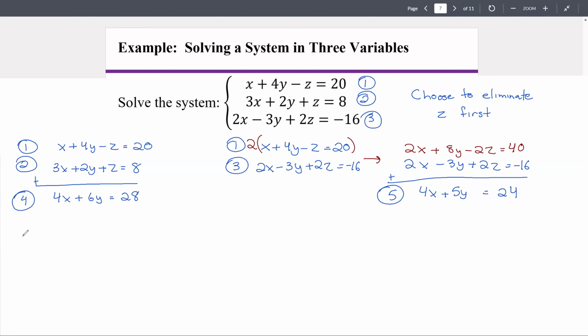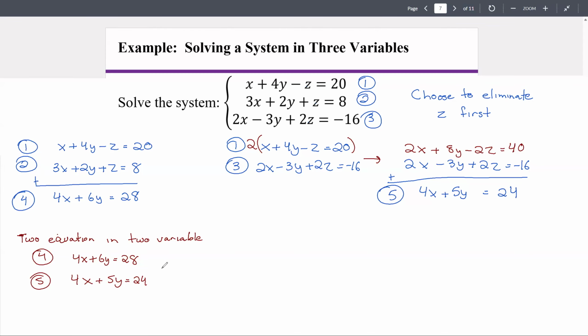So now we have two equations in two variables. We have equation 4, which is 4x plus 6y equals 28, and equation 5, which is 4x plus 5y equals 24.